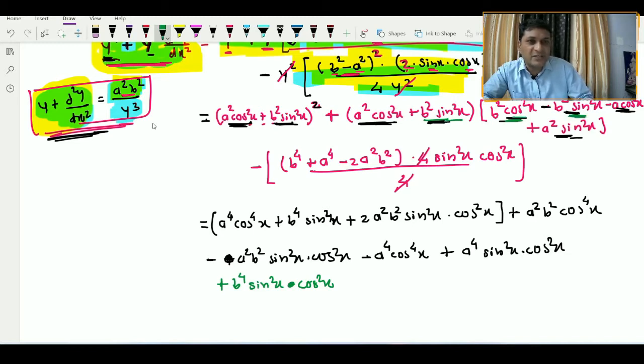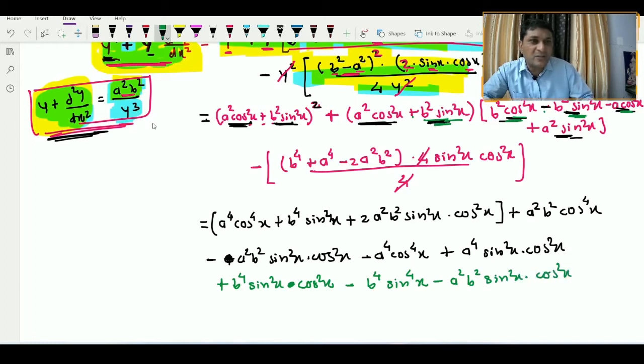Now multiply to the next term. So here plus into minus will become minus, and b square into b square is b raised to power 4, sin square x into sin square x is sin x raised to power 4. Now multiply to the third term. If I am multiplying to the third term, here we will get minus a square b square sin square x into cos square x.